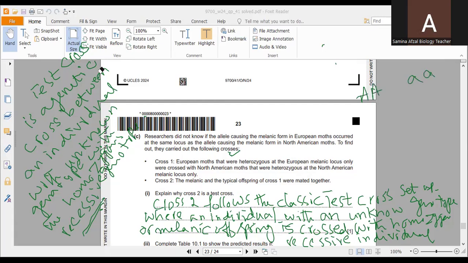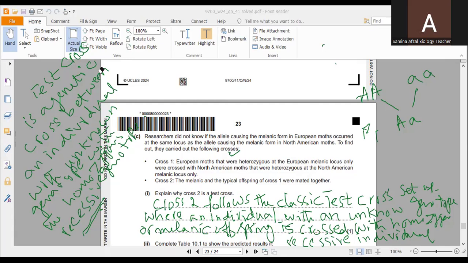Sometimes when we are writing, some problems can be created in this way. As a result of this, the offspring which are produced in F1 are capital A, small a.